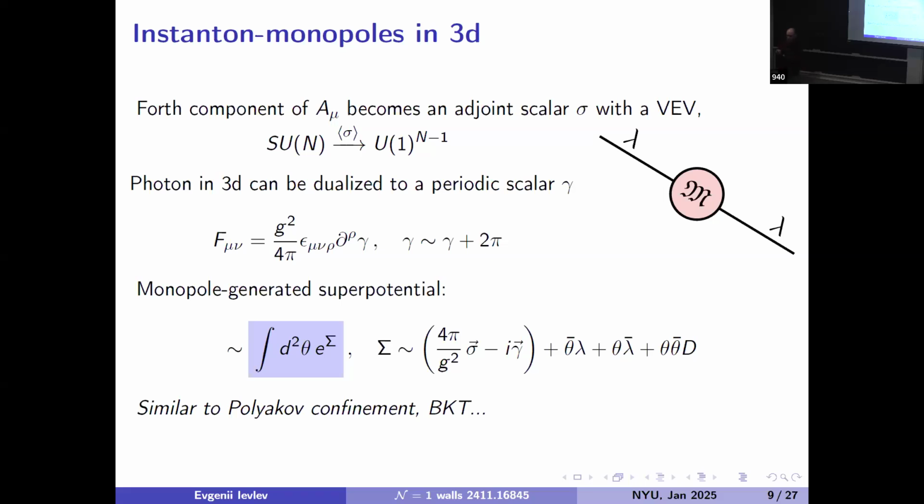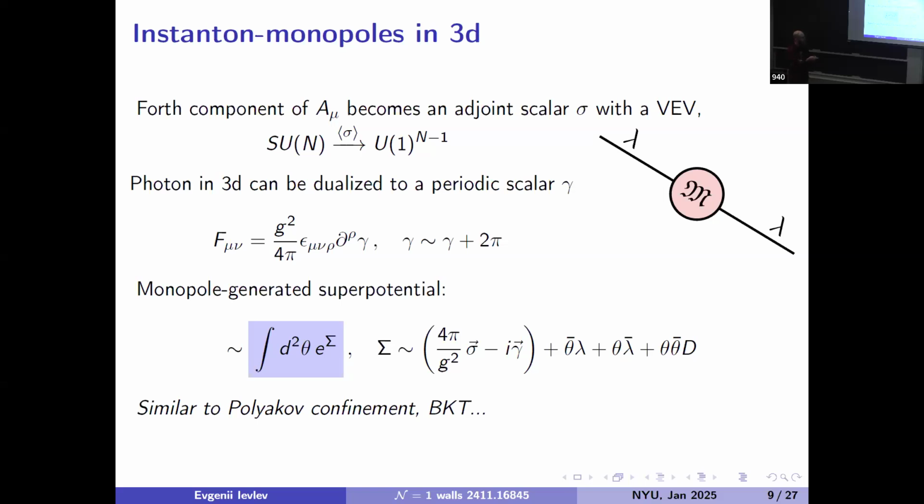If you know Polyakov confinement, or vortices and the BKT phase transition, it's basically the same thing. In Polyakov confinement, the instanton monopoles generate a cosine potential for the scalar field. Here, it's just an exponential potential, roughly speaking, and the same thing happens. So these monopoles generate, in this case, a superpotential.